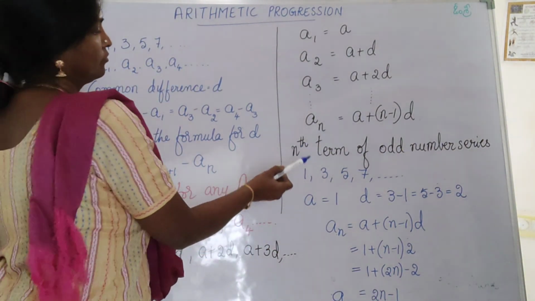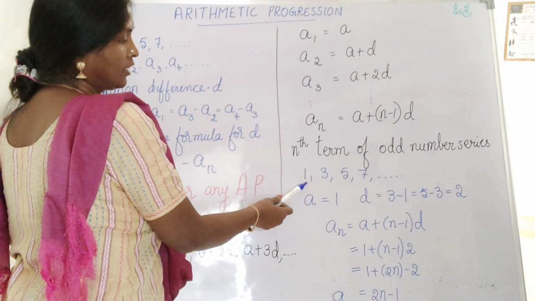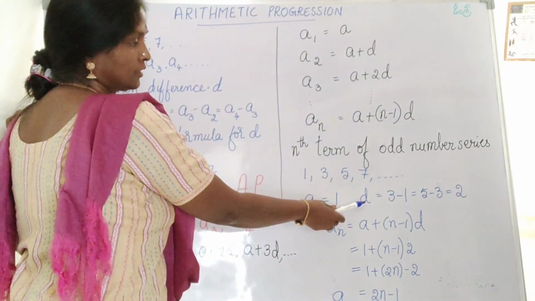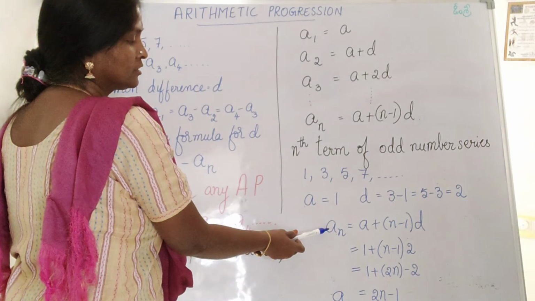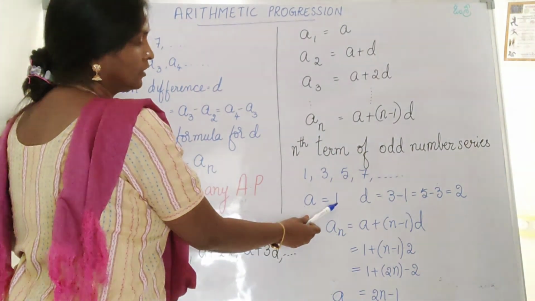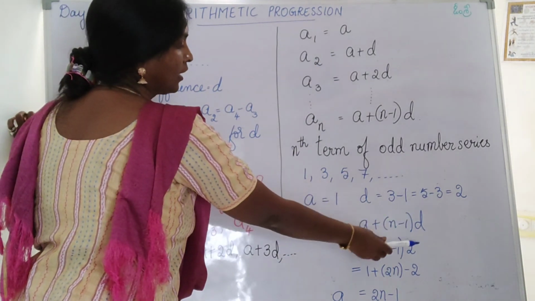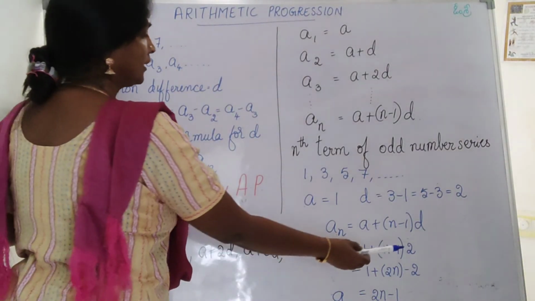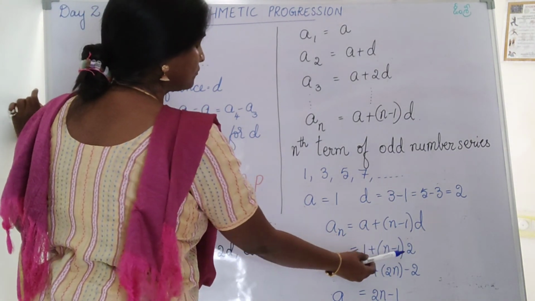So first we have taken the series, we have identified the first term and the common difference. Then afterwards we have written the general form of the nth term and we have substituted the values of a and d in the nth term formula, and then we multiplied this 2 with n and then 1.